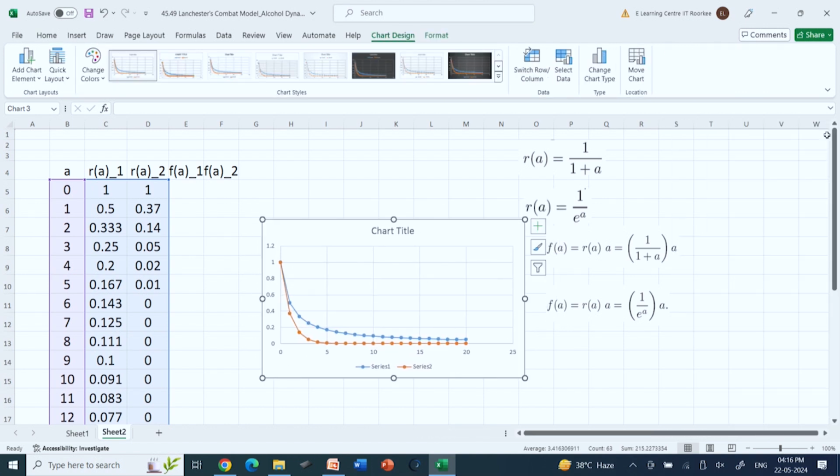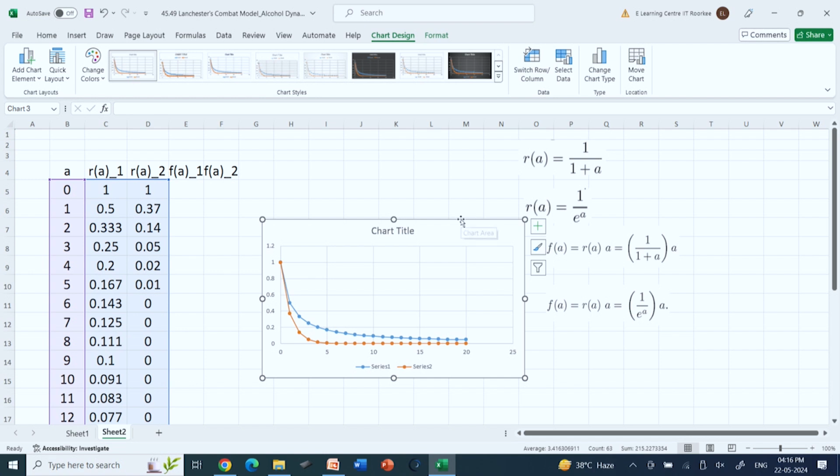So, what you can see is that as you take more and more alcohol, your rate will ultimately become less and less, the rate at which the body disposes of the ethanol or alcohol. So, both are decreasing functions and go to approximately 0 as time passes.